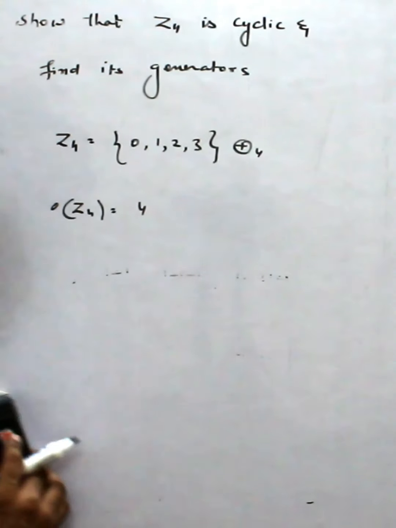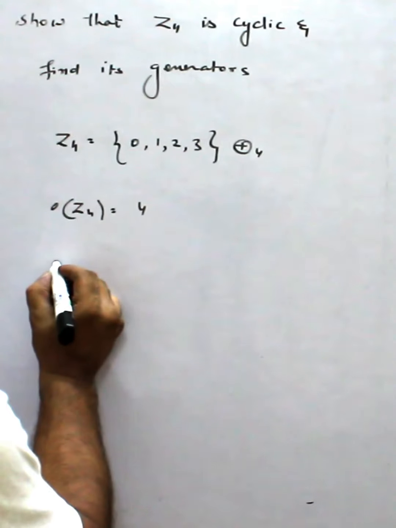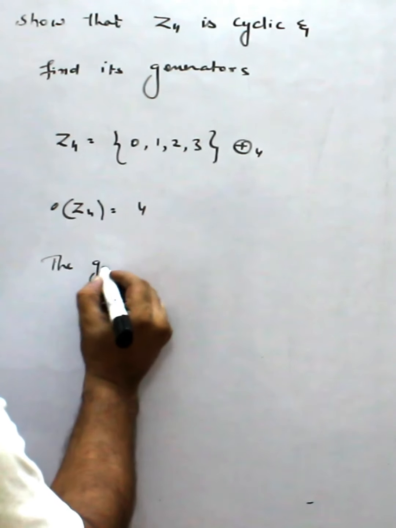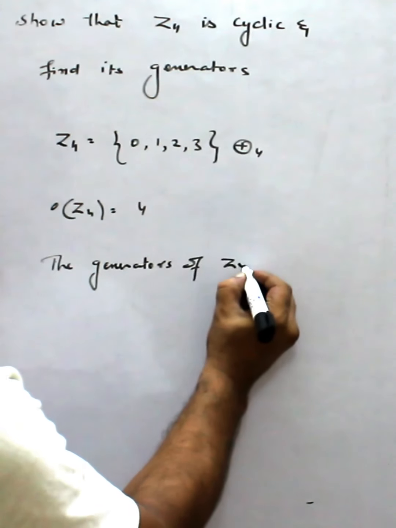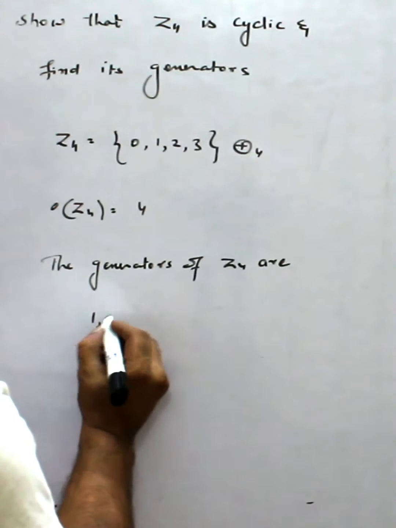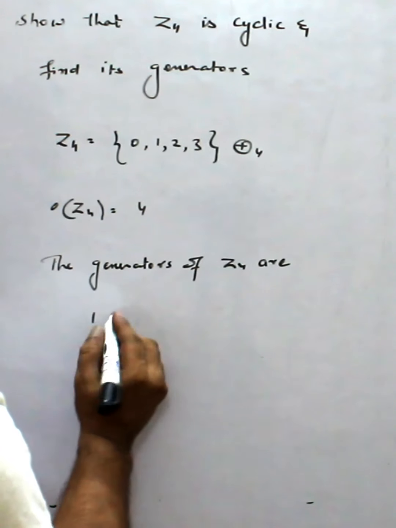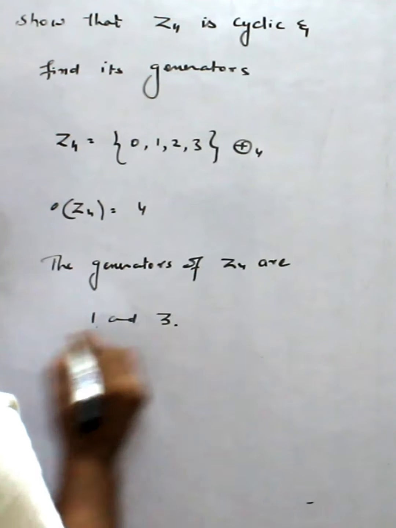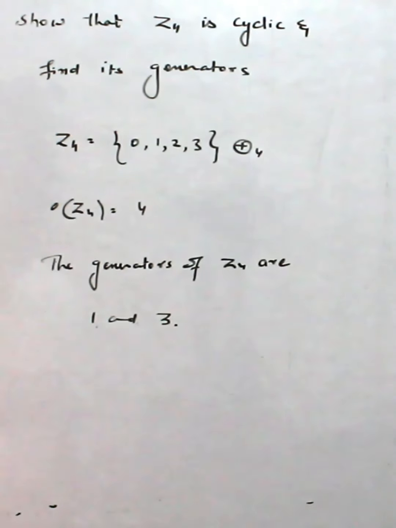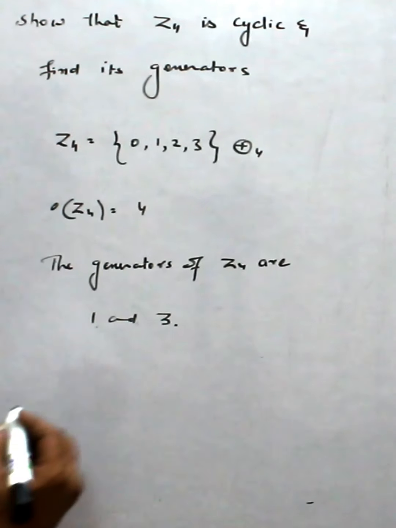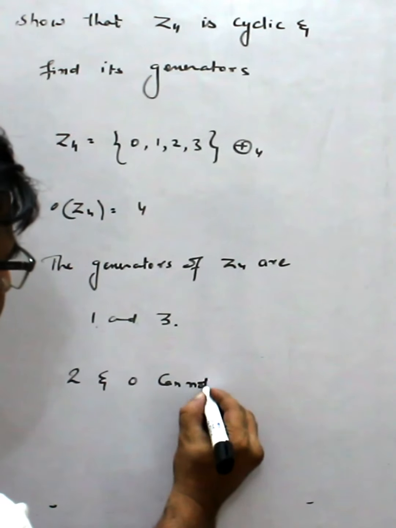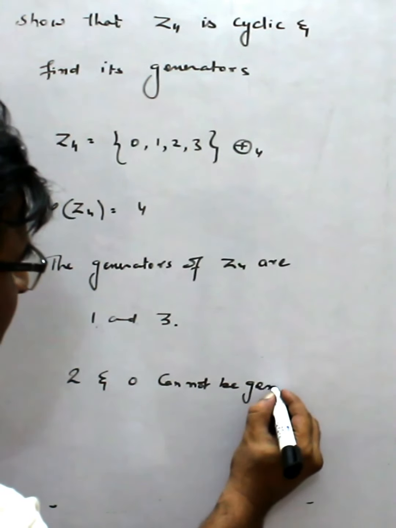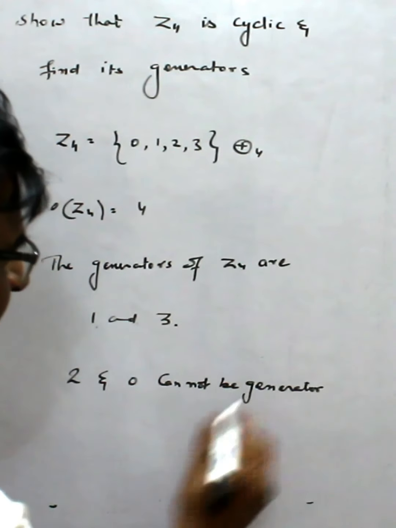So simply we can say the generators of Z4 are 1 and 3. 2 and 0 cannot be generators, right?